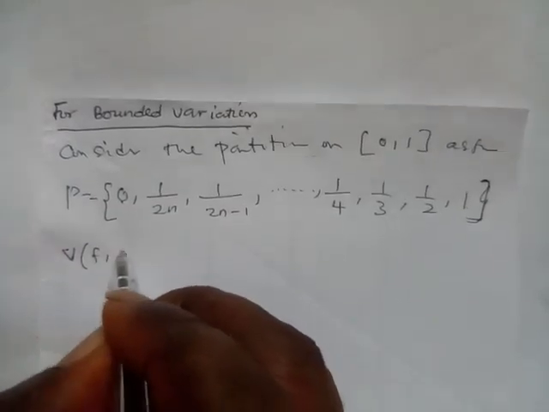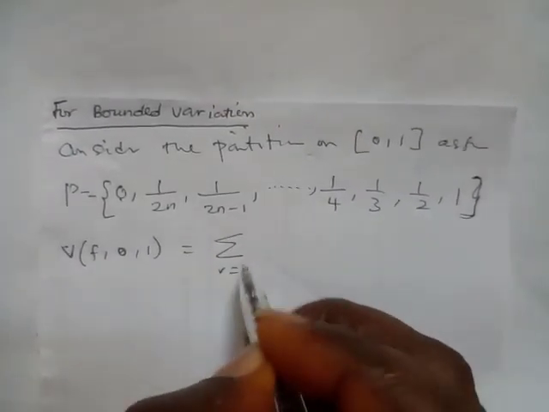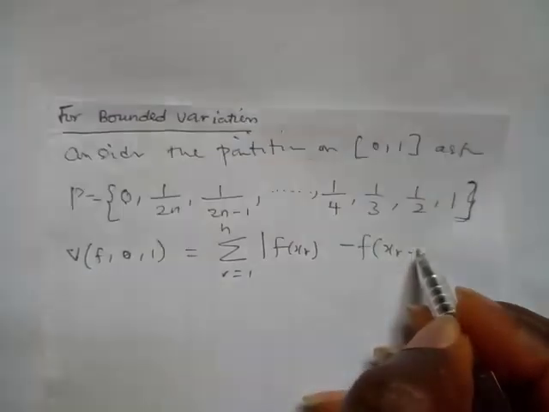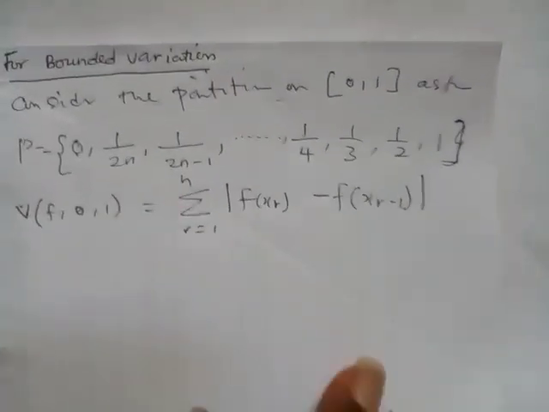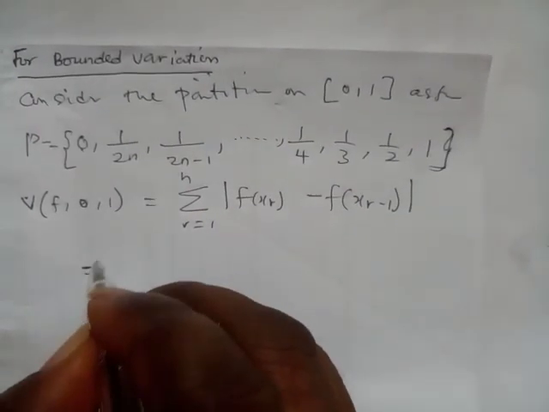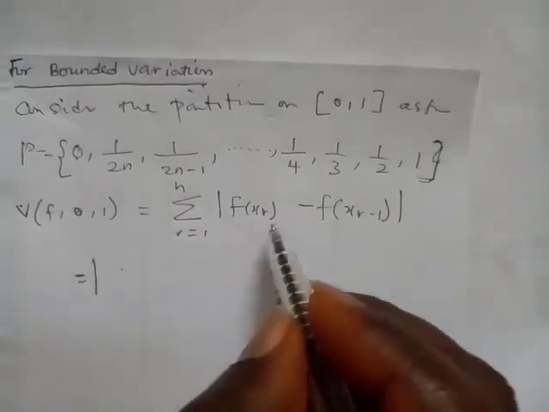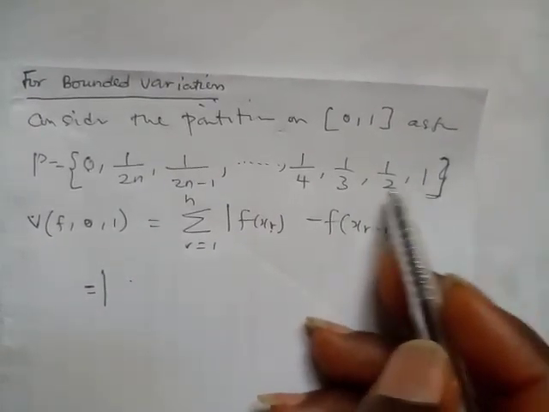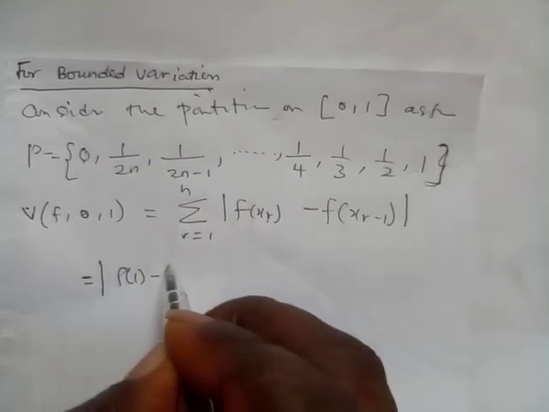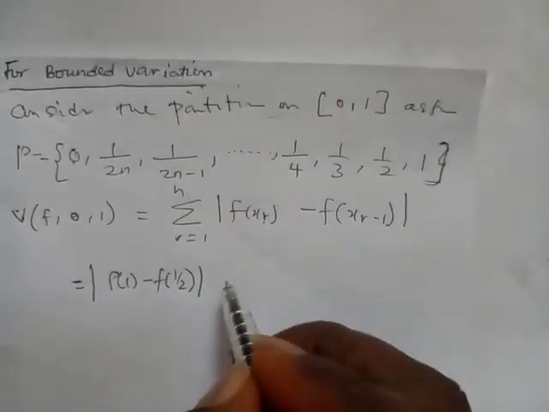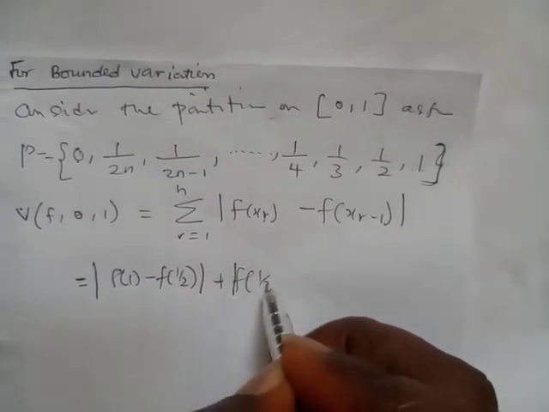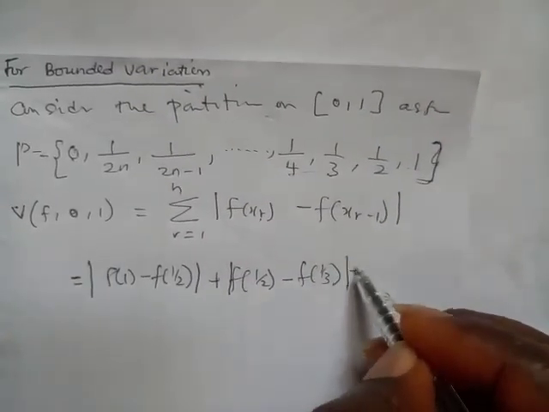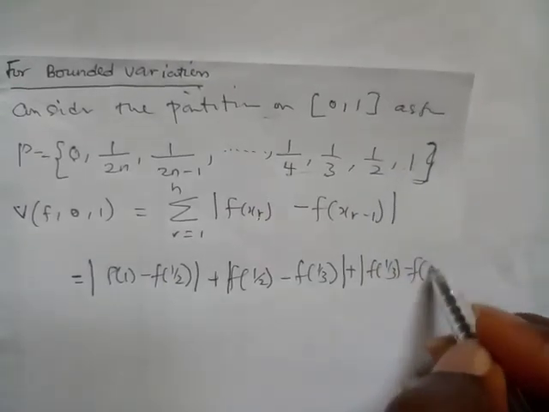That is the total variation on [0, 1], which is the sum over r from 1 to n of the absolute value of f(s_r) minus f(s_{r-1}). Now when s is 1, we use this: f of 1 minus f of half, plus the absolute value of f of half minus f of 1 over 3, you pair them, plus f of 1 over 3 minus f of 1 over 4.